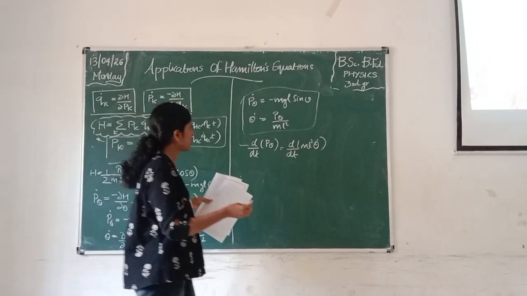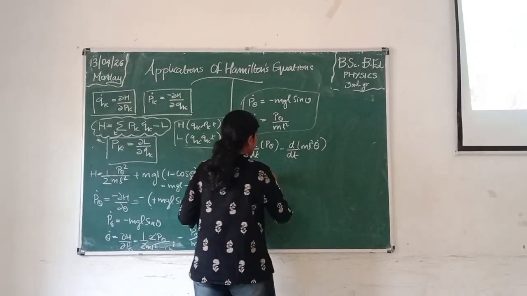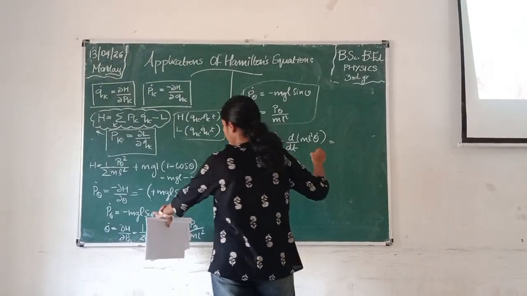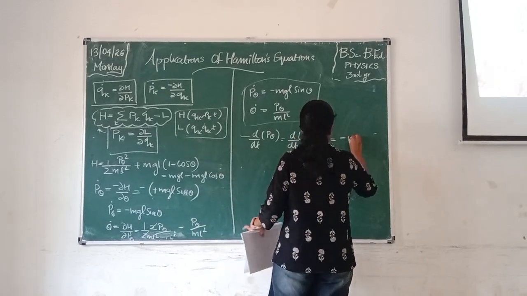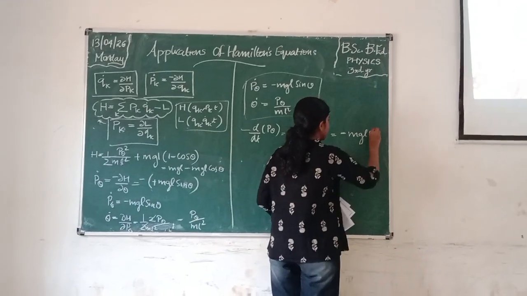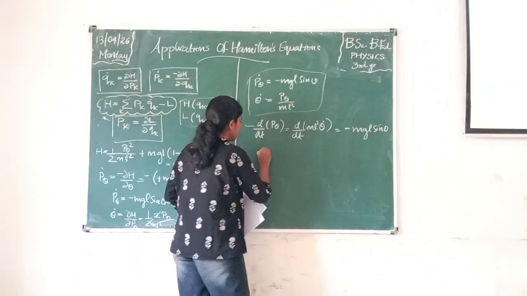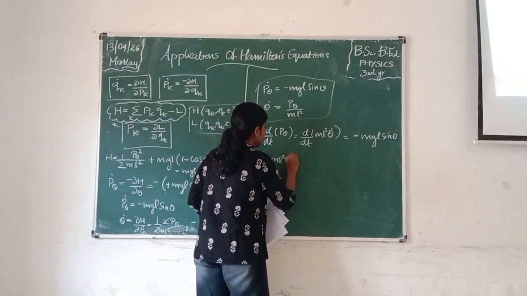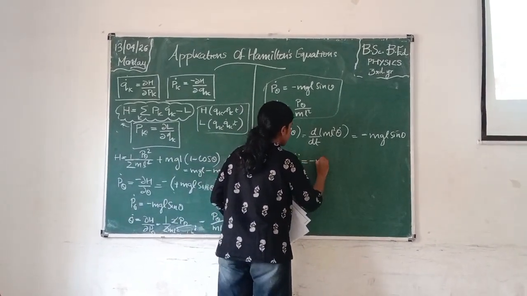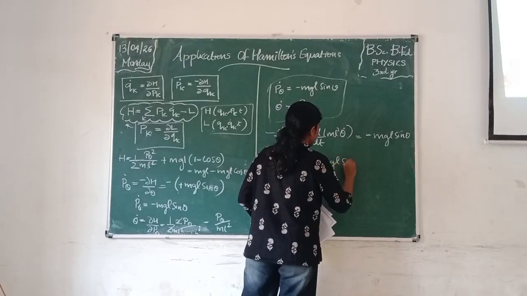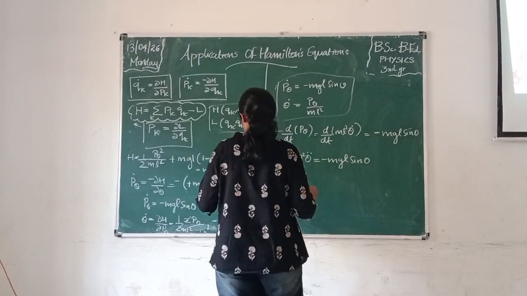From there we got p theta is equal to ml square theta dot. So we are repeating these two. And from here we got p theta dot is equal to minus mgl sin theta. Okay, so ml square theta double dot is equal to minus mgl sin theta.